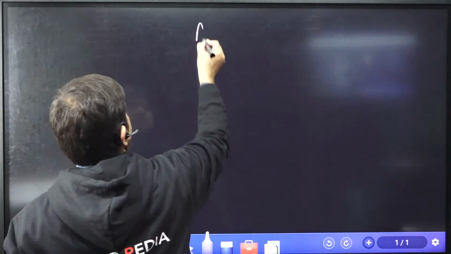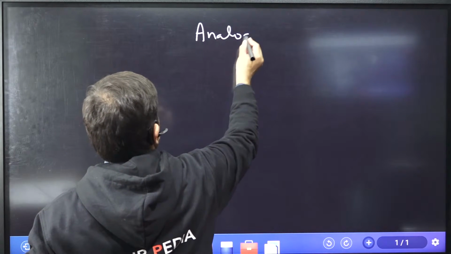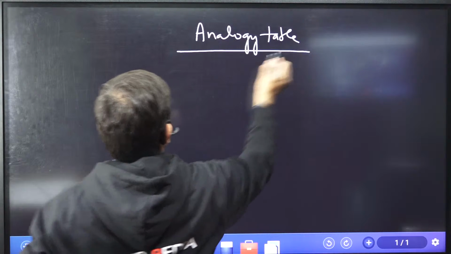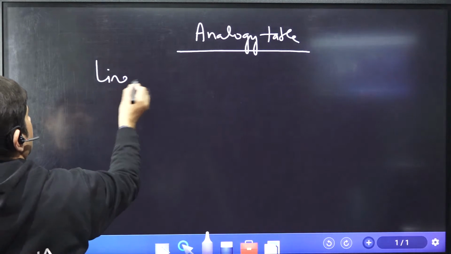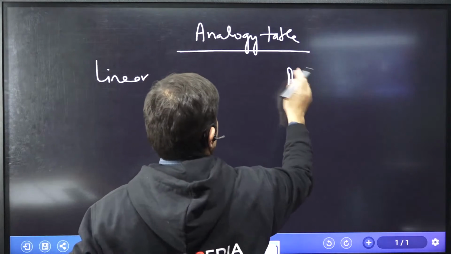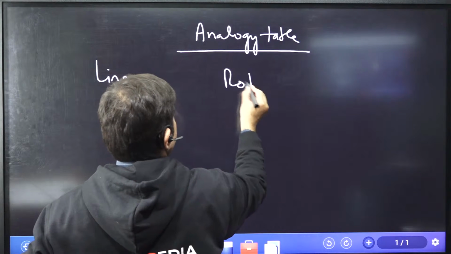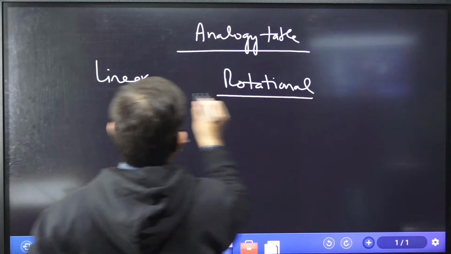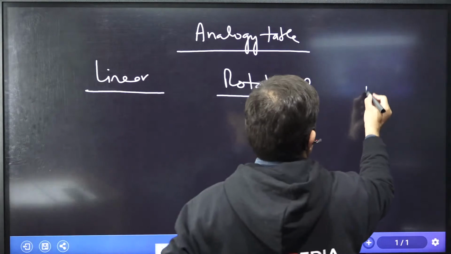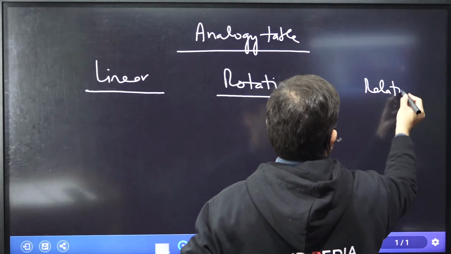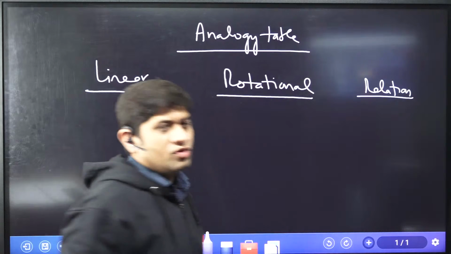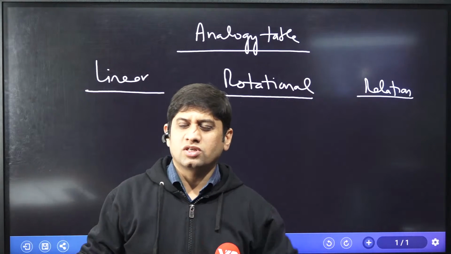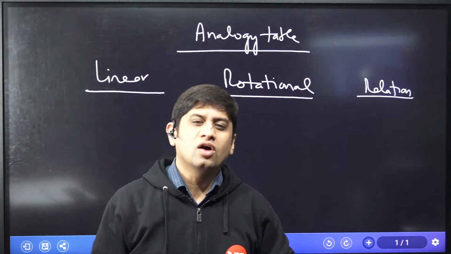First of all, I'll discuss something called the analogy table. There is a table called the analogy table between linear motion and rotational motion. There is a kind of analogy between the two, and we should understand the relation between them.